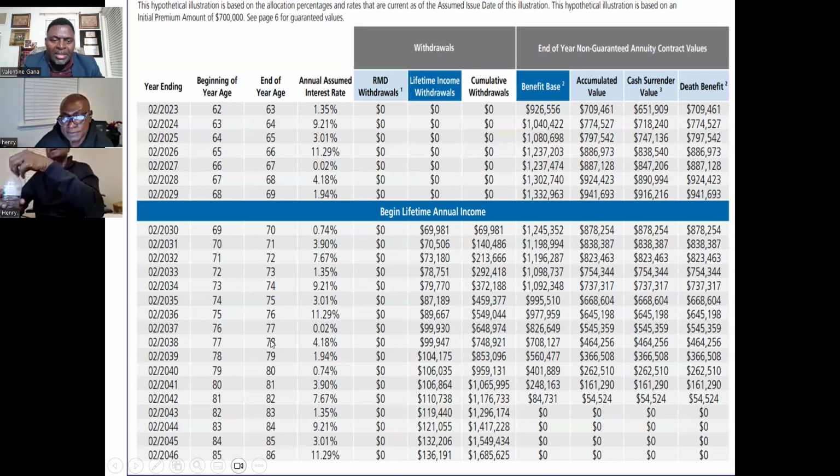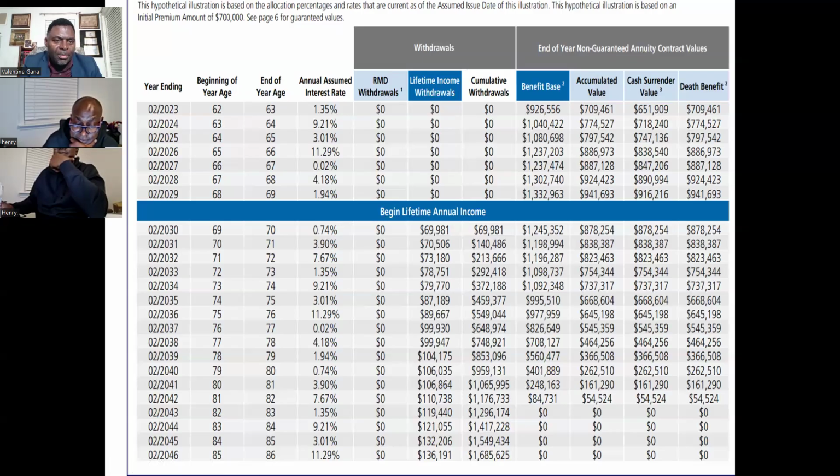By the time they've collected for about 14 years, which is right here, or about 12 years, which is right here, 2042, that death benefit goes to zero. But by then, they would have collected a cumulative amount of about 1.176. Okay, we can say that from 8.7, the benefits just start decreasing.